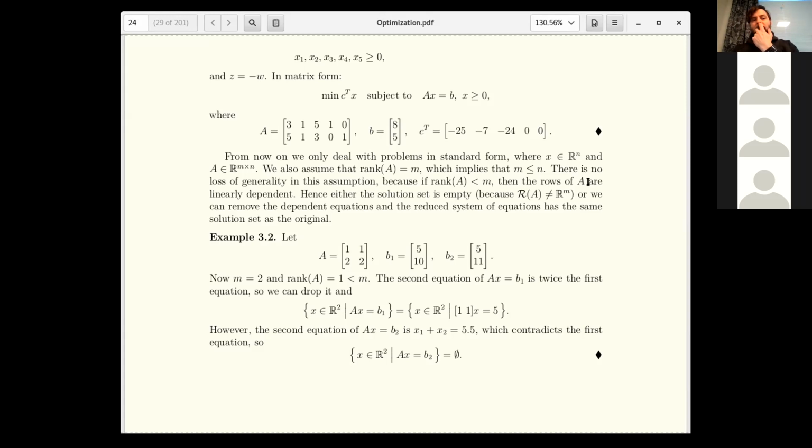So either the solution is empty or we can remove the dependent equations and reduce the system. So it doesn't really matter. If you're not familiar with this sort of linear algebra, I really do suggest that you look into it, as we don't have the scope here to go through this.